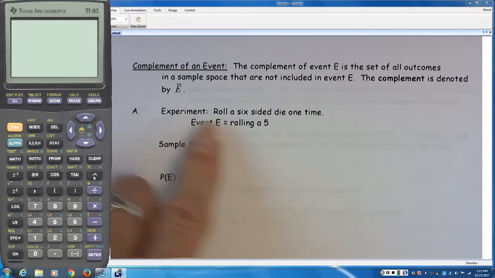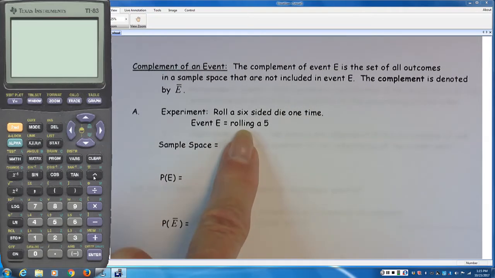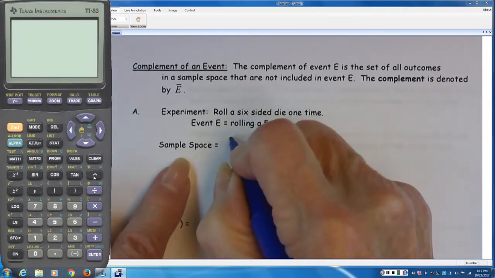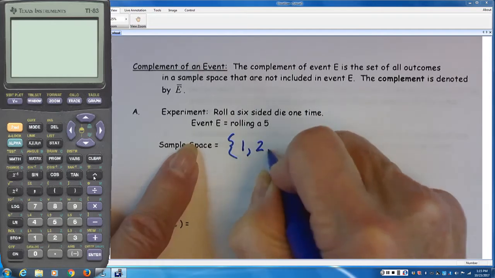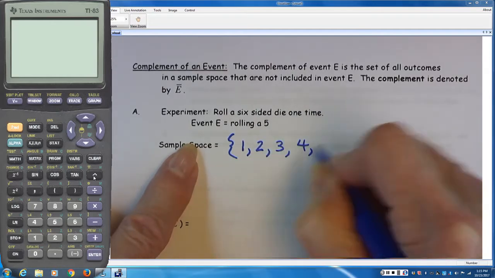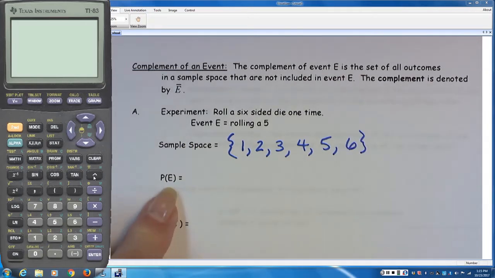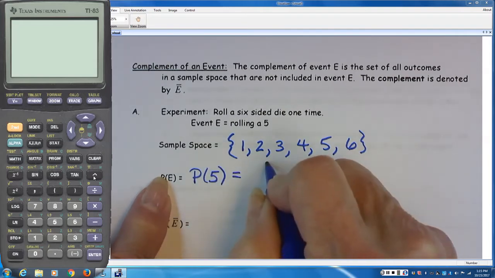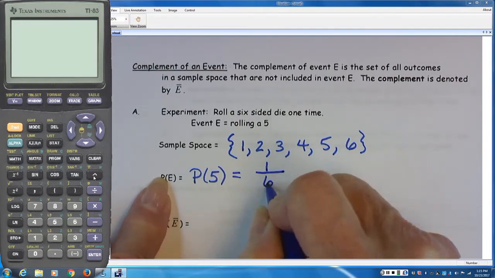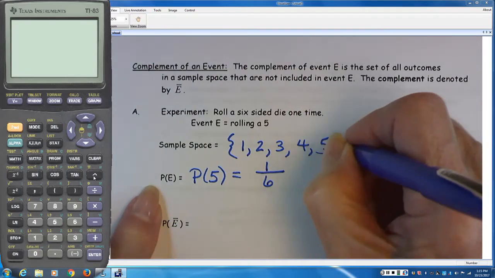So if your experiment is to roll a 6-sided die one time and your event is rolling a 5, your sample space is 1, 2, 3, 4, 5, 6. But the probability of rolling a 5 is 1 out of those 6, because there's only 1 five.